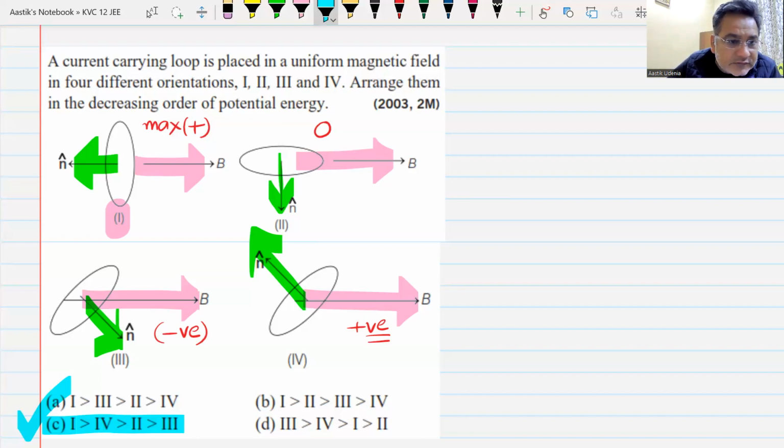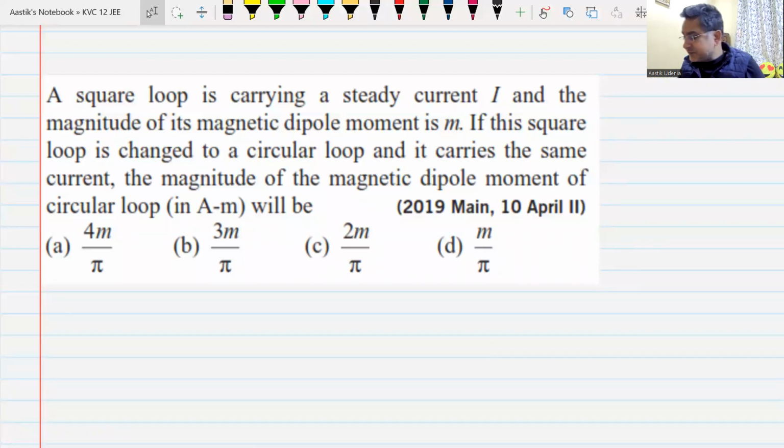Okay, this one. This concerns the magnetic moment. We have already discussed it. This is from your previous year papers. And comes the question.